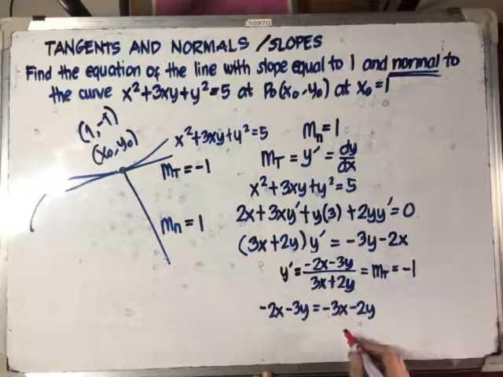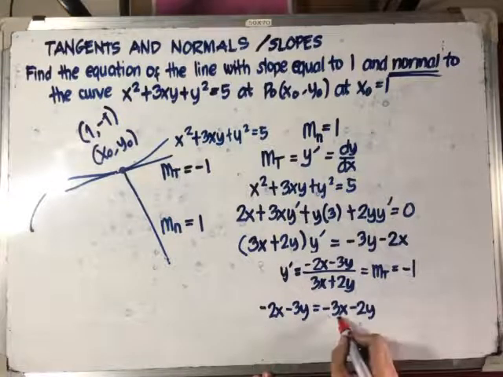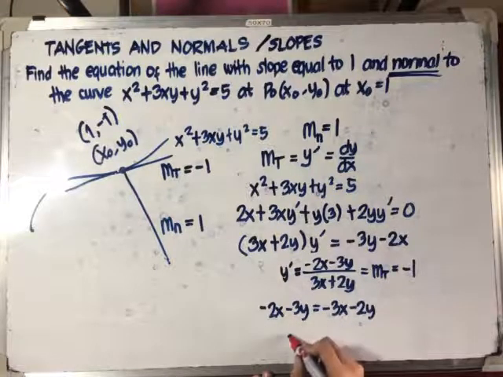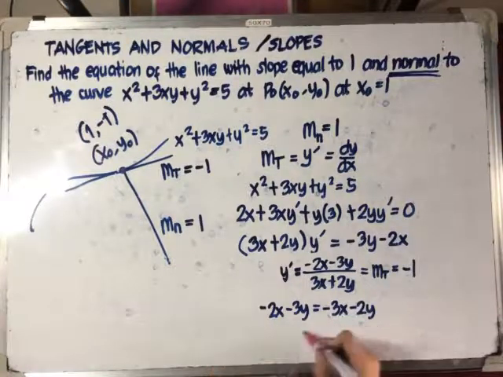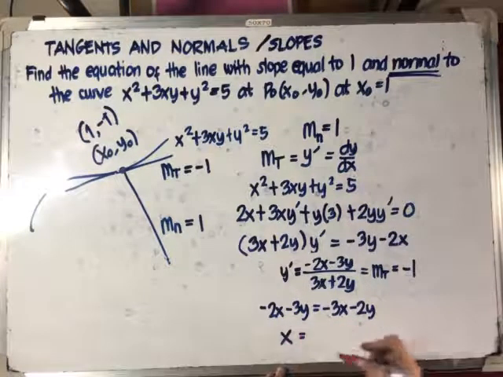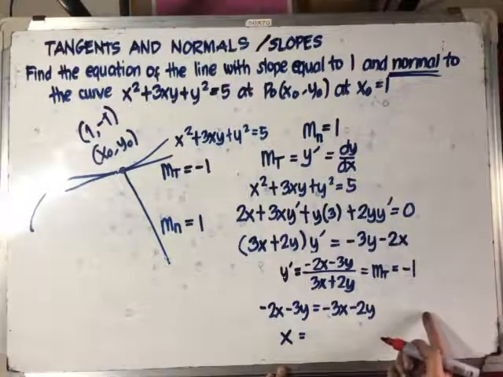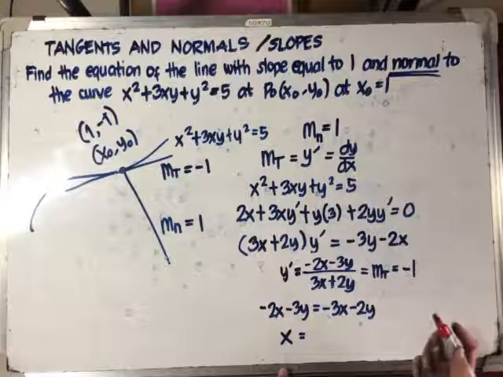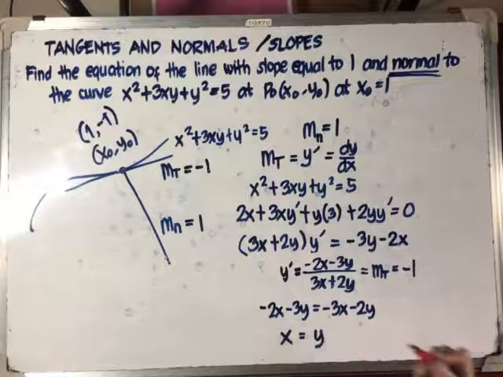Moving terms to the other side, negative 2x plus 3x would be x, and negative 2y plus 3y would be y.